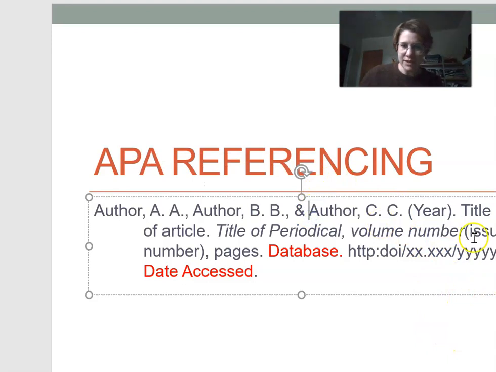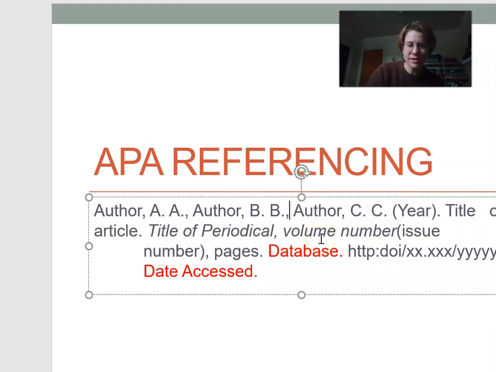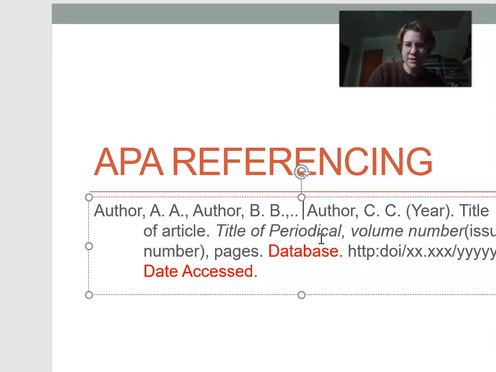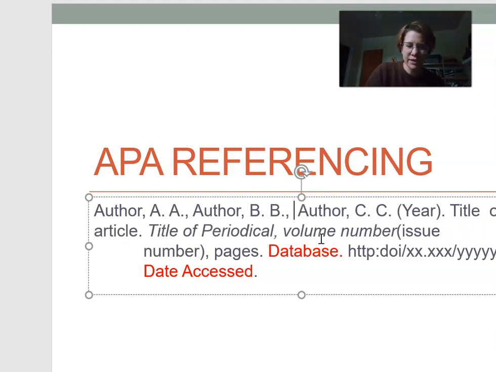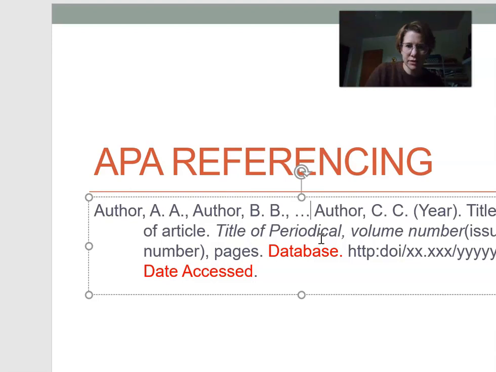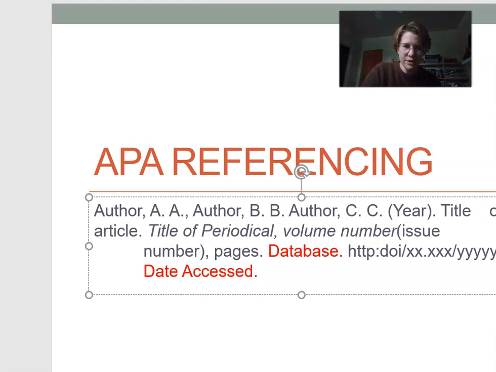They changed that with the 7th edition, so that's relatively new. And if you do have 21 authors listed, you can use the ellipses, which is just ... and then have your last, your 21st author listed there. But for this one, you don't need that.